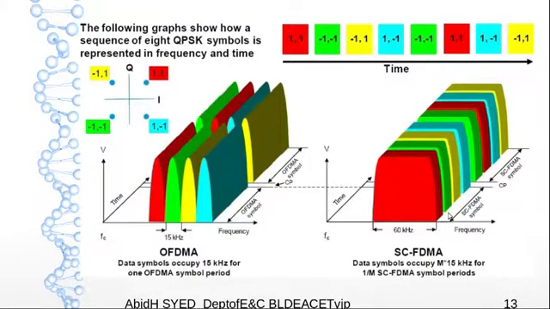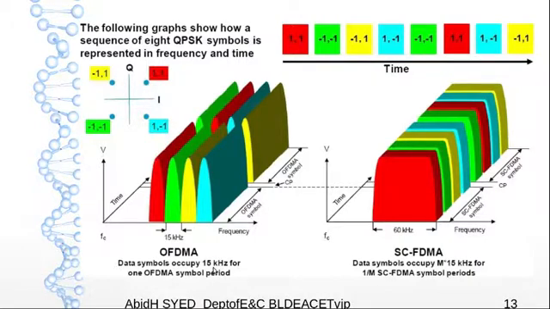But in SC-FDMA, the same part of the data occupies the entire bandwidth, but for a small duration of time. Here the duration of time is decreased, whereas it is increased there. The frequency part is decreased there, and increased here. This is how OFDMA is different from SC-FDMA.